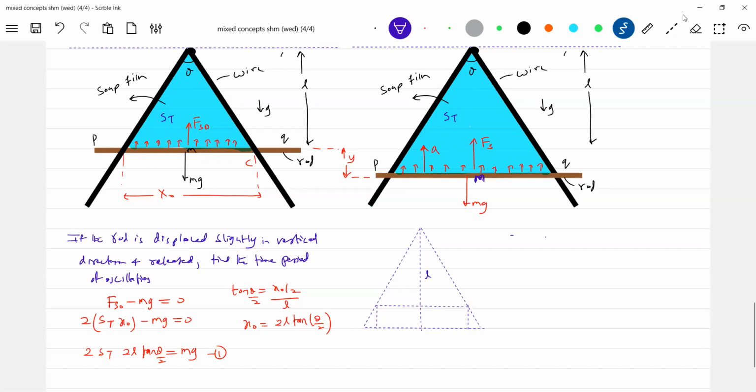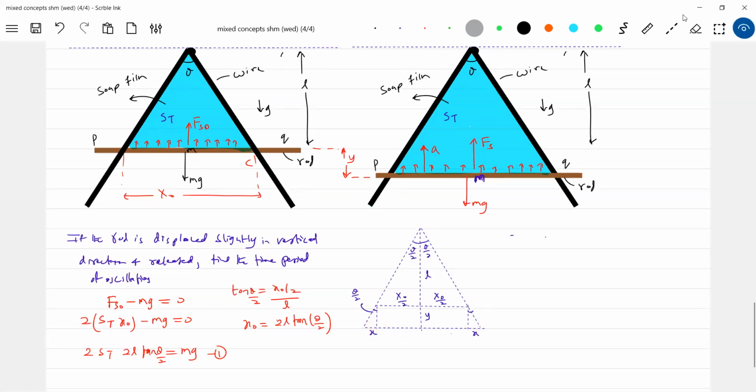This is L. Theta by 2, theta by 2. And this is X naught by 2. This is Y. If that is theta by 2, this will also be theta by 2. This is the additional distance x, no? So what is the additional force due to surface tension that is going to act? This part.